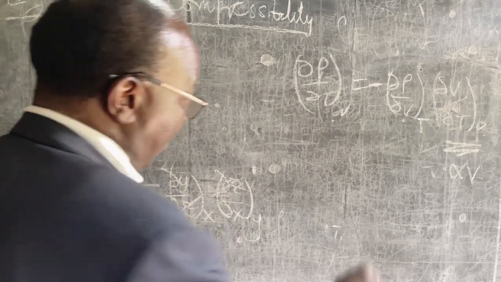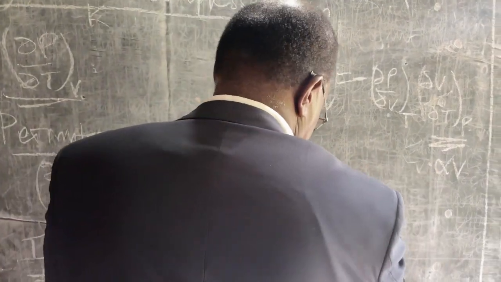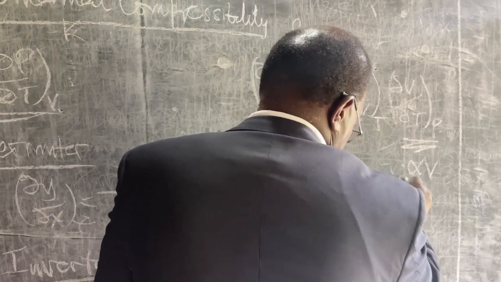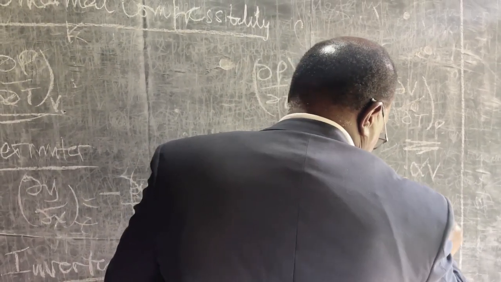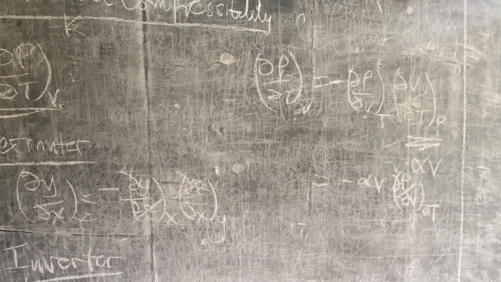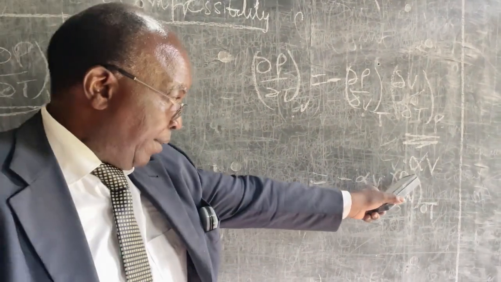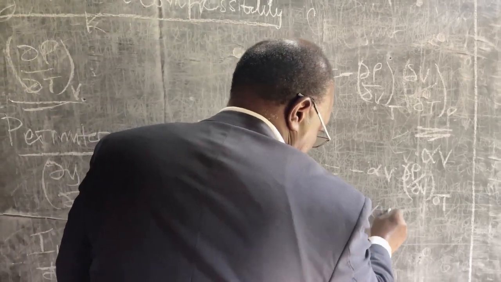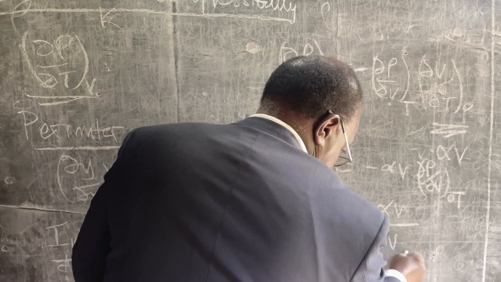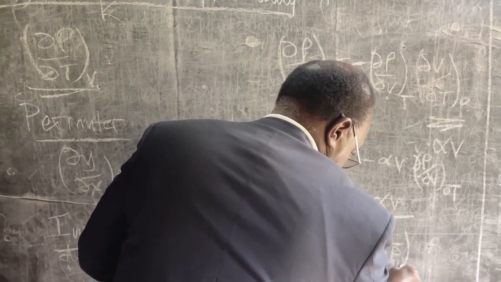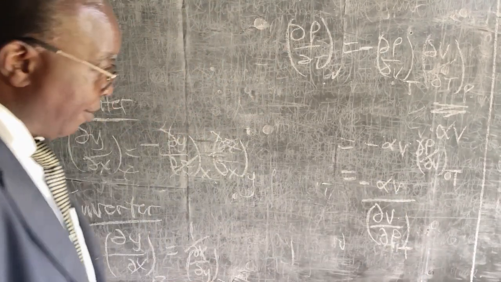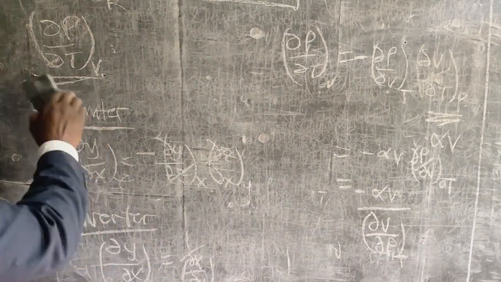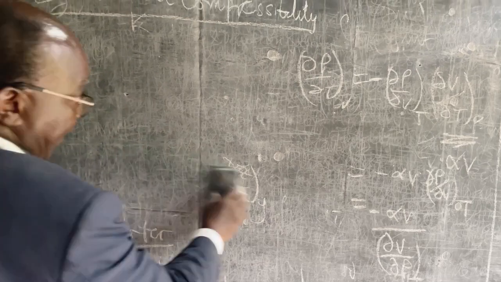So what we now have here is minus alpha V times (∂P/∂V) at constant T. And if you use the inverter on that other coefficient (∂P/∂V) at constant T, we will have minus alpha V over (∂V/∂P) at constant T. Now this coefficient (∂V/∂P) at constant T is related to kappa, which is isothermal compressibility.